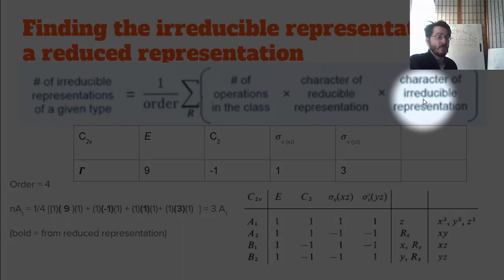And because of the orthogonality theorem, we know that some of these will cancel out, and this will allow us to look at only those that contribute. Sometimes you'll multiply this all out and there will be 0, and that says that there are 0 of this particular type of irreducible representation within this particular transformation.